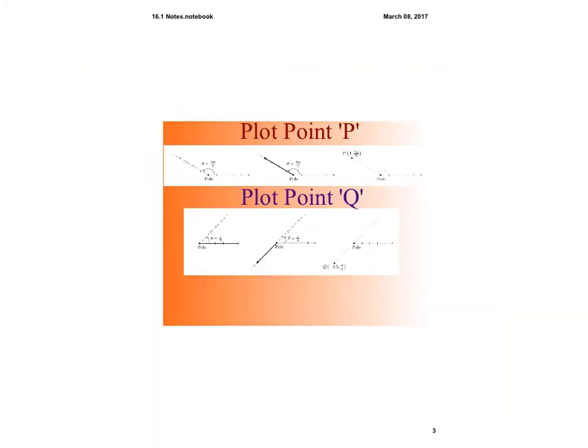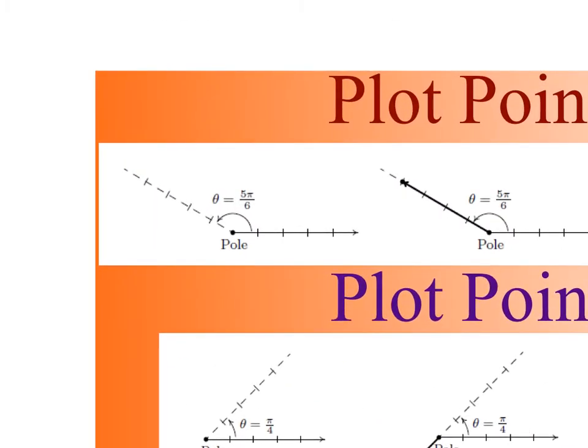Okay, so let's do a little graphing. We're going to graph point P. I would like to graph 4, 5 pi over 6. So it's kind of graphed here. 4 would be out right, 1, 2, 3, 4.